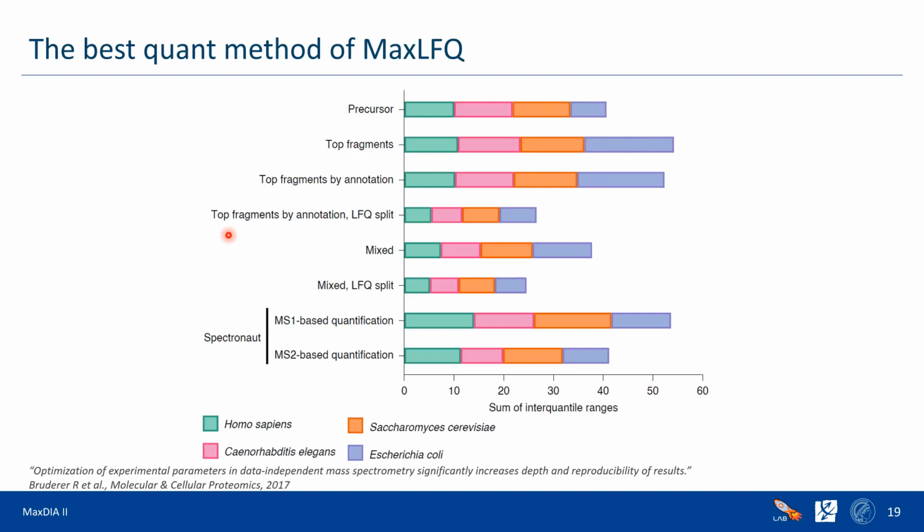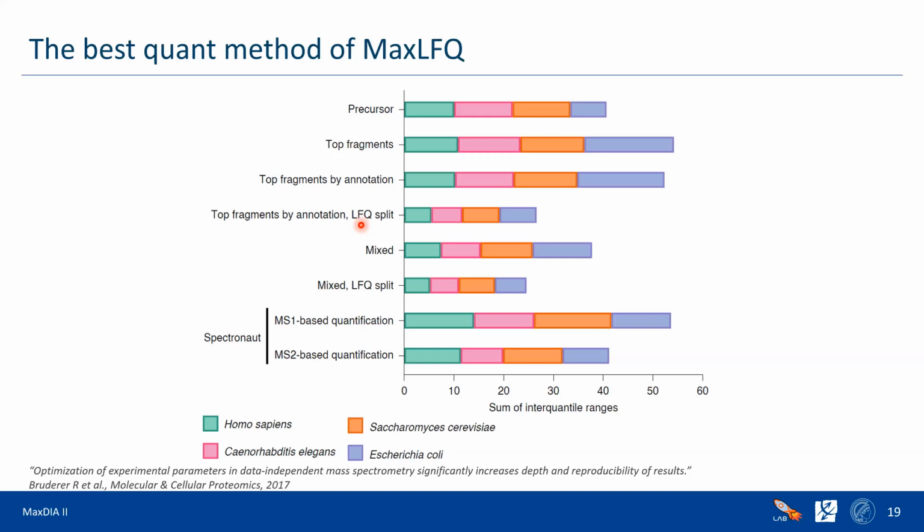Well, and now the thing which I described comes in. So now we are really finding top fragments by annotation, fragments which are the same across samples, with exactly the same mass and the same annotation, but we're not summing up their intensities to do normalization. We keep them as separate instances. That's what we mean by LFQ split.